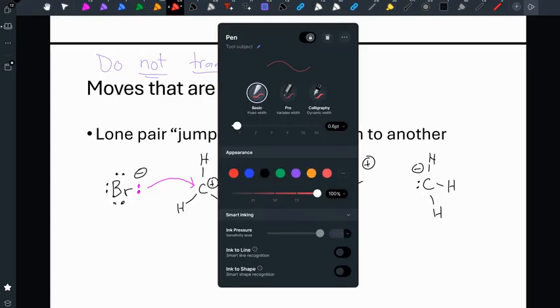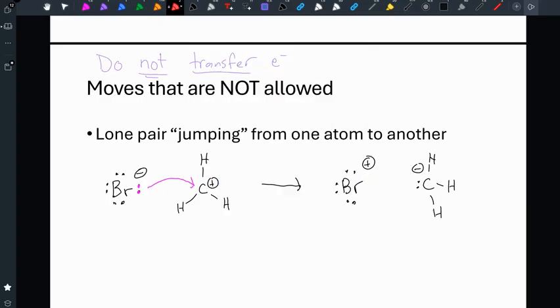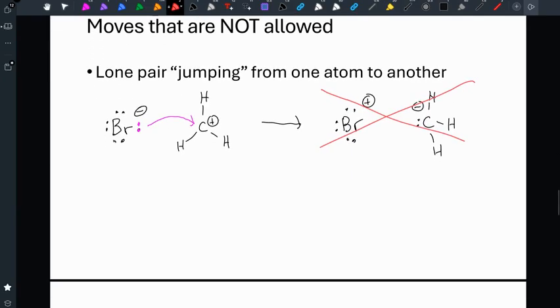And I want to emphatically say, no, do not do this. So the key idea is share, don't transfer.